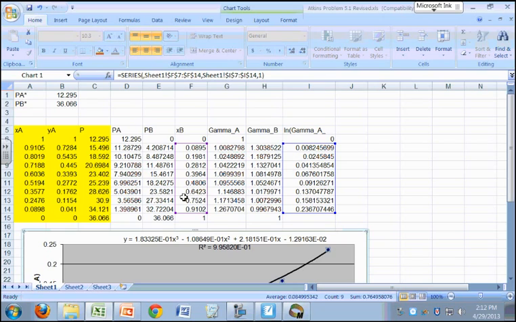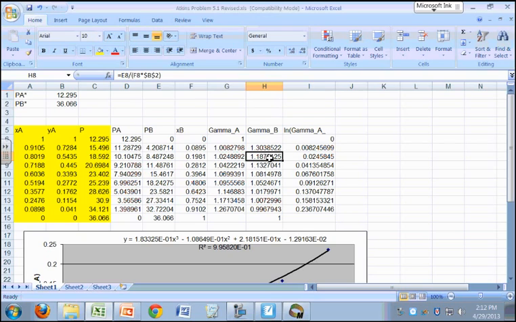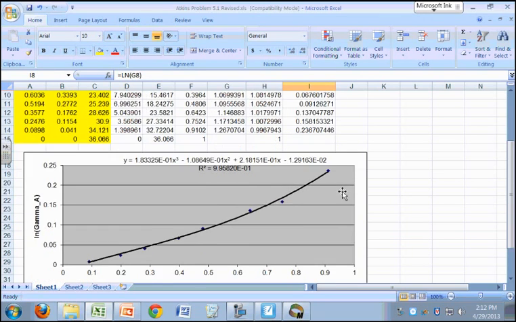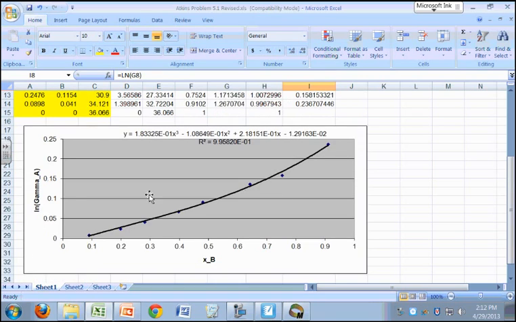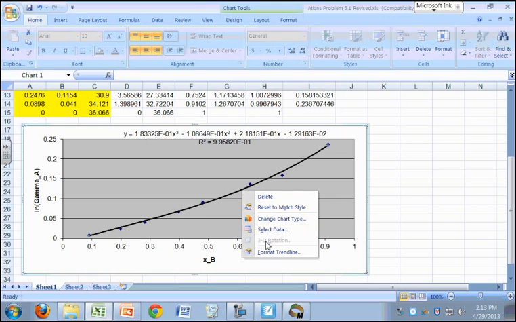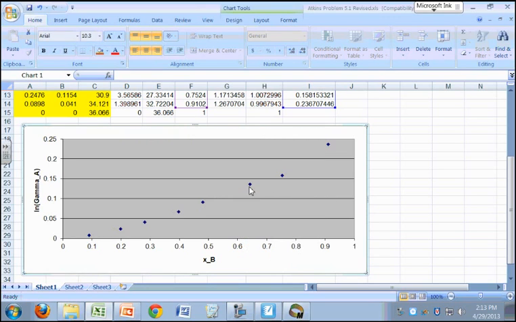I am going to pretend I know that gamma sub P for mole fraction of 0.1981 is known to be 1.1879125. What I did here was fit ln of gamma sub A with respect to mole fraction of B to a polynomial, and that's very easy to do in Excel.